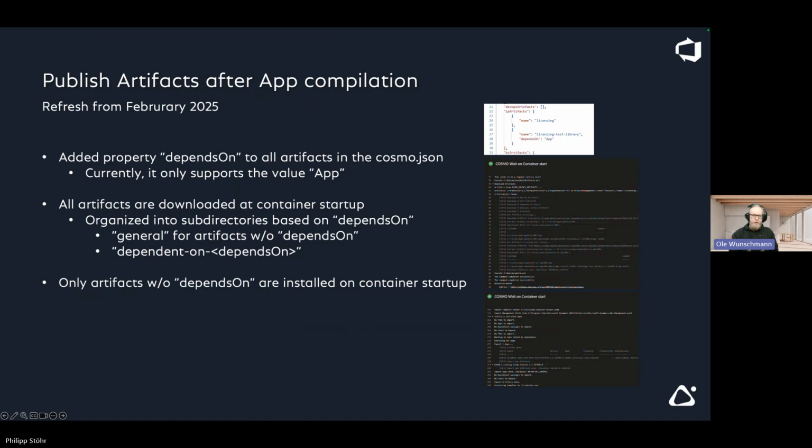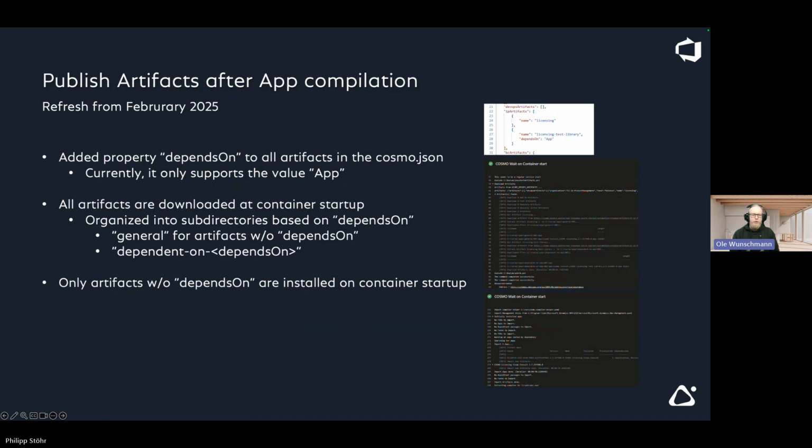All artifacts are still downloaded on container startup and are organized in subdirectories based on depends on. They are in the general folder if depends on is missing, or in a subfolder based on depends on in the container. So on startup, only artifacts without depends on can be installed from the general directory.